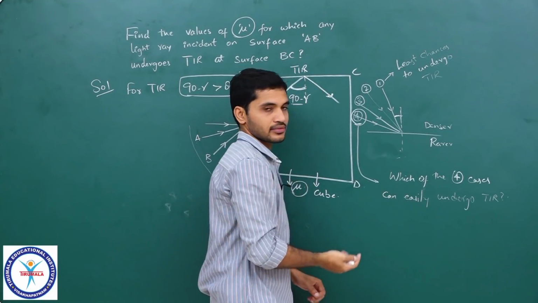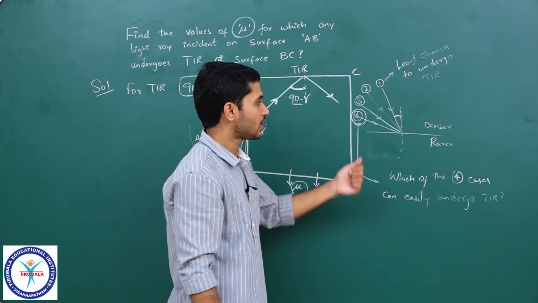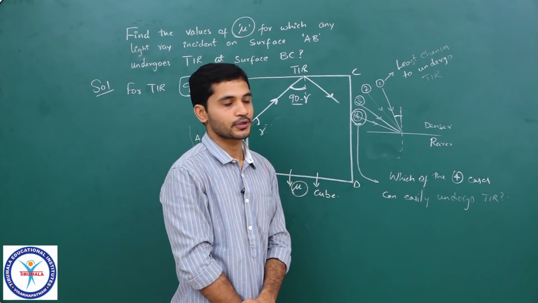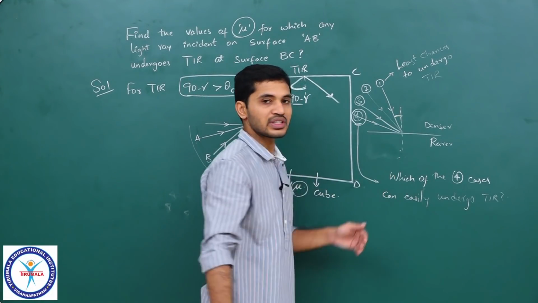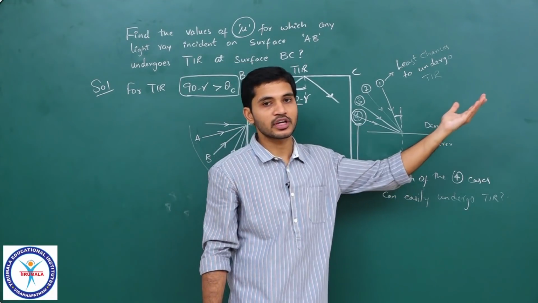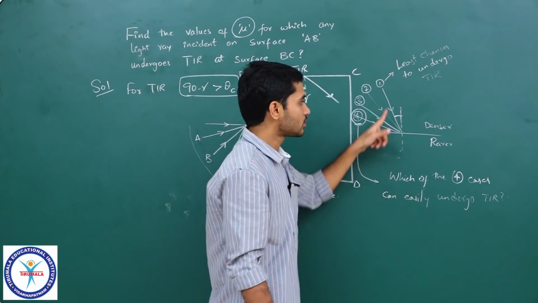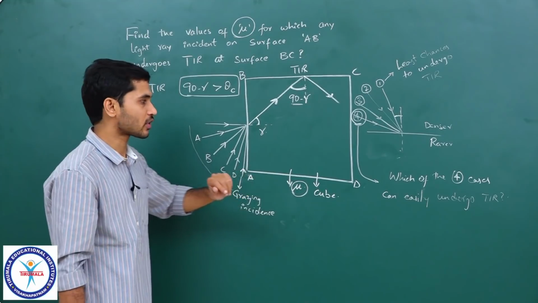So 4 light rays, which of these 4 light rays has the highest tendency to undergo TIR and which one has the least tendency to undergo TIR. You can say that the one with the smallest angle will try to refract, the one with the largest angle will try to reflect, TIR can take place. So, that is the basic idea, correct. Now, I am going to use that concept here.